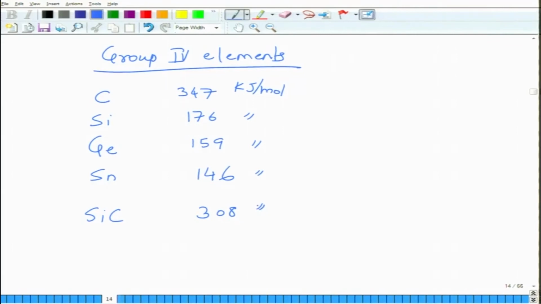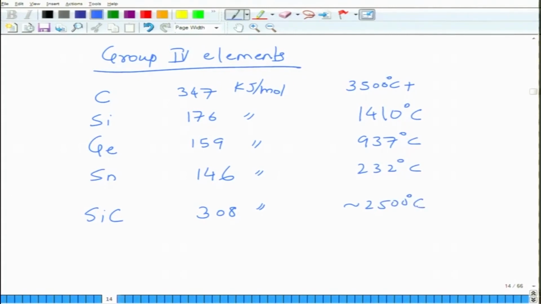And if you look at the values of melting point, diamond is about 3500 degrees centigrade plus. It is difficult to measure diamond's melting point because it is too high. Silicon has 1410 degrees centigrade, germanium has 937 degrees centigrade, tin has 232 degrees centigrade and silicon carbide has about 2500 degrees centigrade.